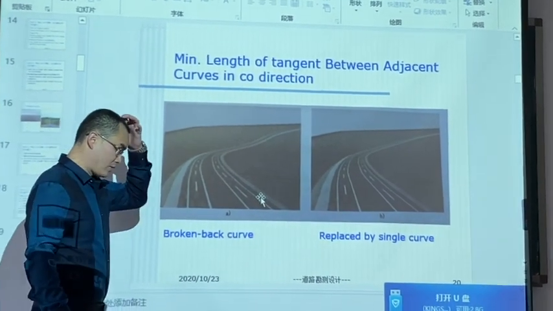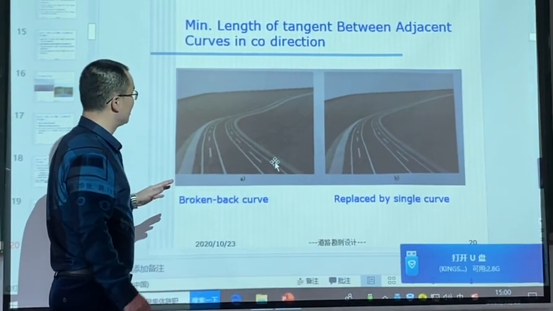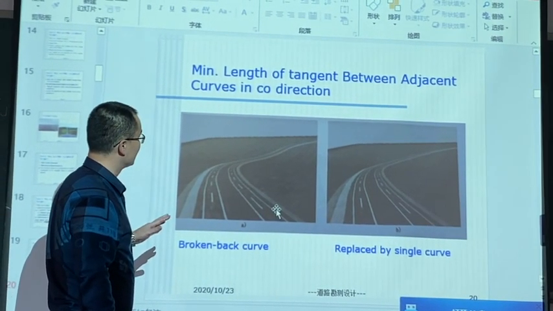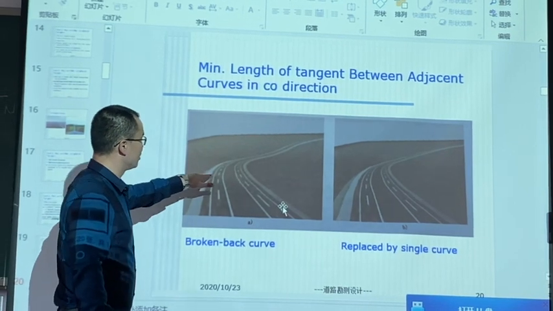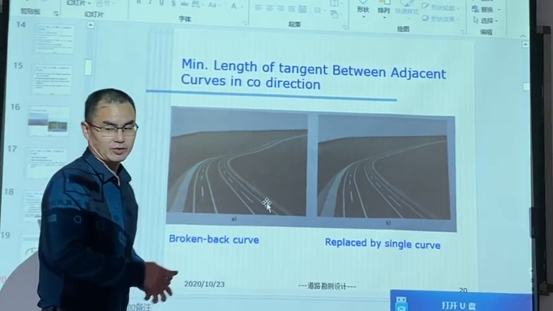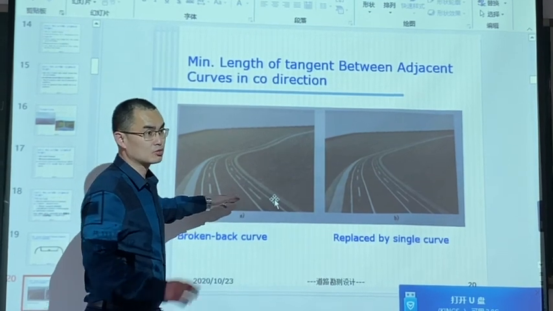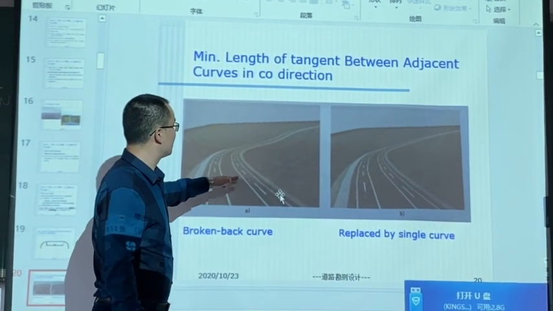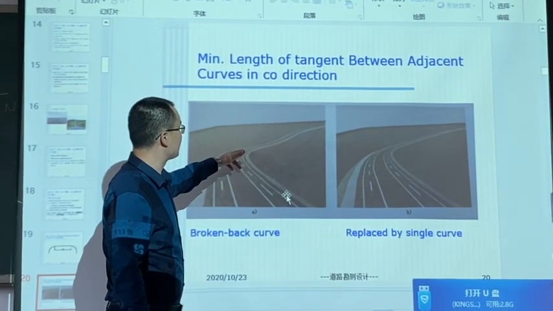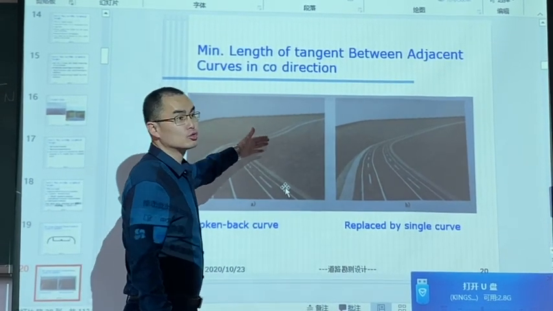Because the driver will think the road turns in the opposite direction. When the driver drives his car, in reality the road tends to the right.